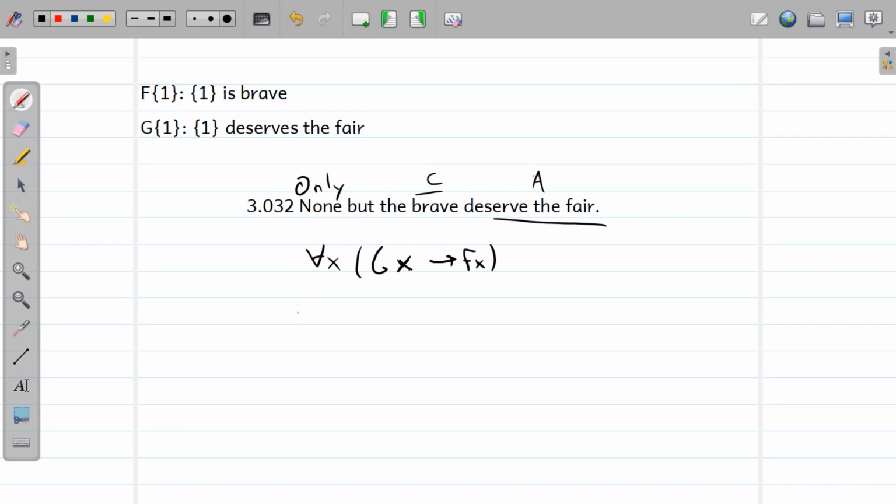So, it's not the case that there exists an object such that it deserves the fair and it's not brave. I'm noticing that the universal and the existential follow the NC rule. That's exactly right. It's GX then FX, and then the NC rule will change that to GX and not FX. Yeah, exactly.